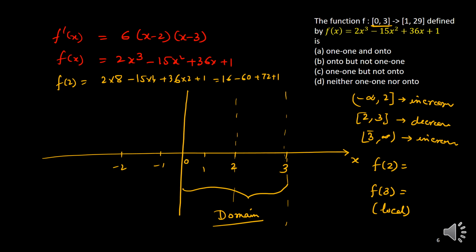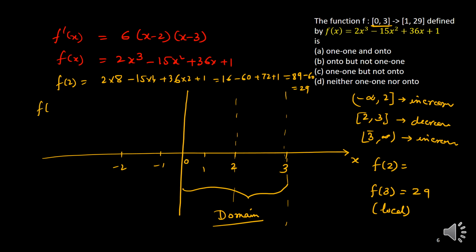If you compute this, 73 plus 16 is 89, and minus 60, the value is 29. So the maximum value is 29.